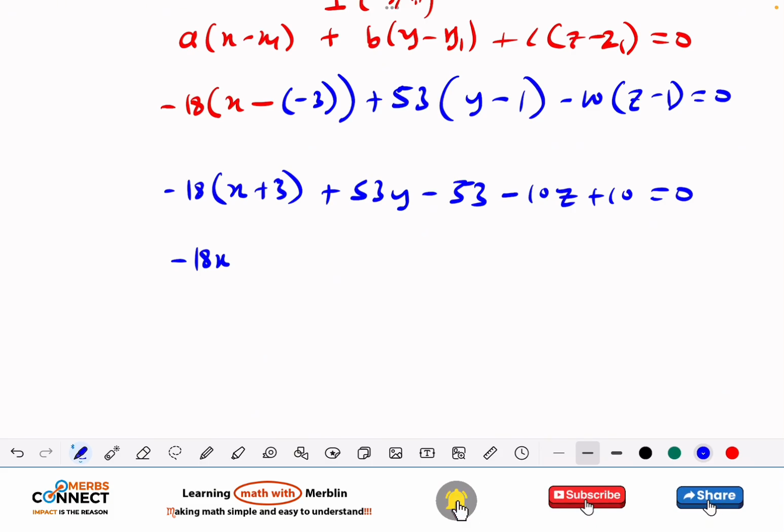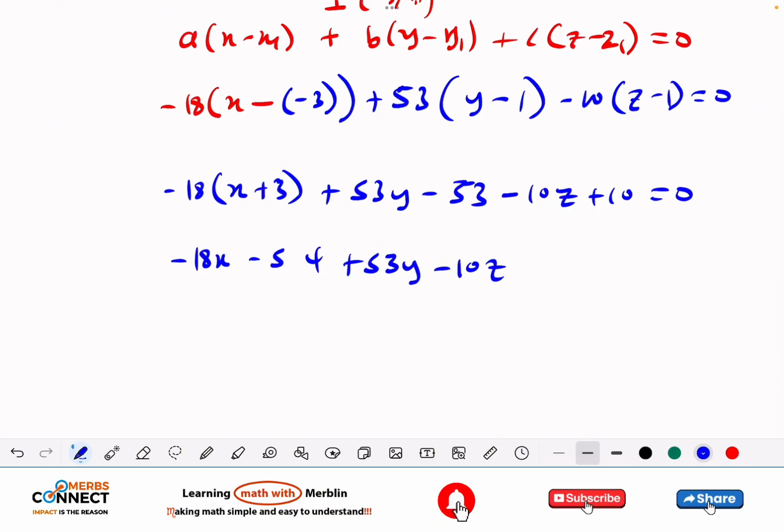That should be 54. Is that right? Yes, I'm sure. 58. No, 54, because 8 times 3 is 24. So this is going to give us plus 53y minus 10z.